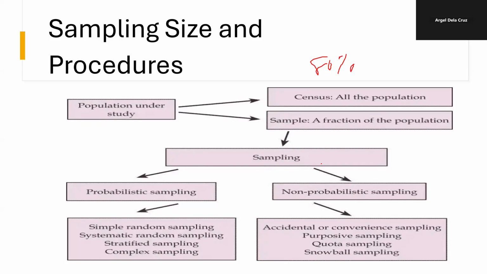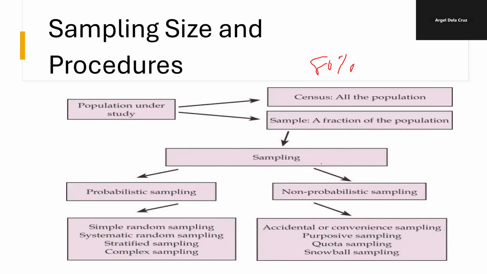Now, of course, the general rule of thumb is, if we're talking about thousands, your sample size should be 400 and above because of the rule of the greater number. Now, if your population is around 1,000 and below, the general rule here is to get 100 participants.